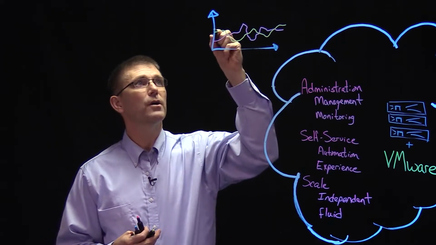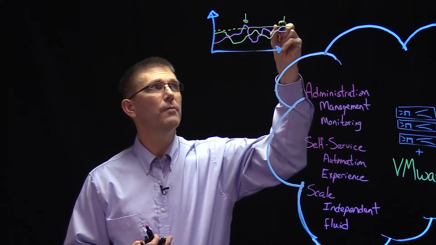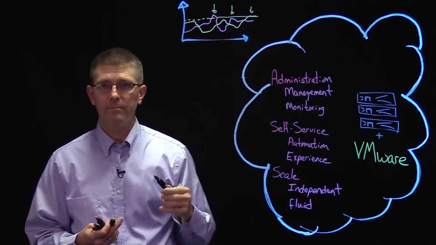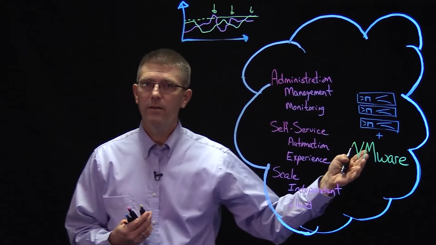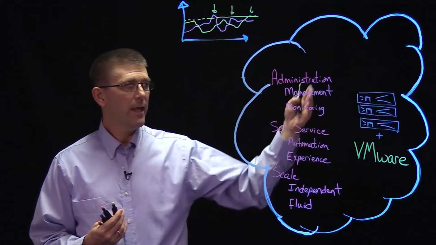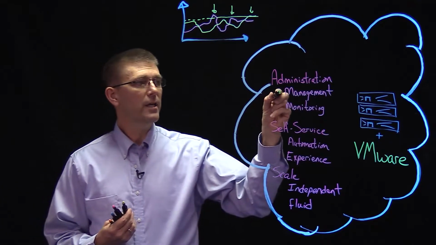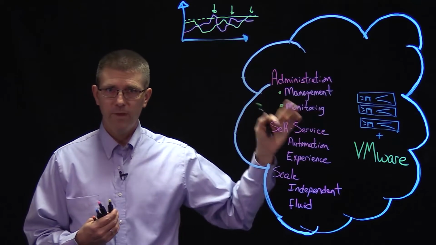So let's draw a line across the top, and that shows me there are a couple of points where I'm getting a little bit close and I might be concerned about my environment. I'm able to look at this through the tools provided within the VMware environment and within the Element software. That's how I can do management and monitoring of my VMware private cloud.